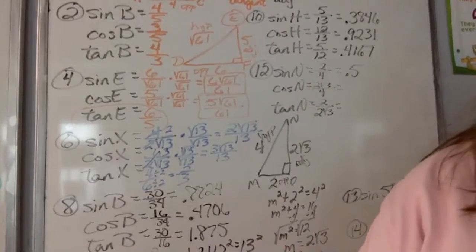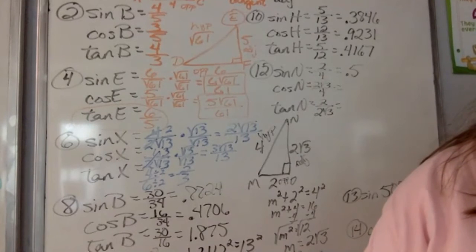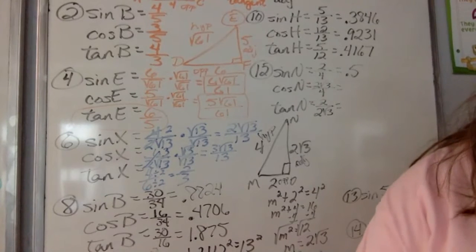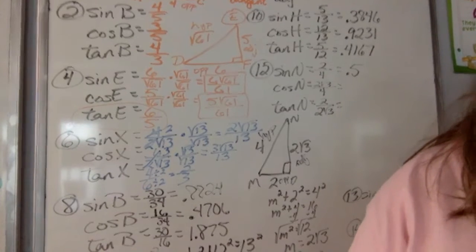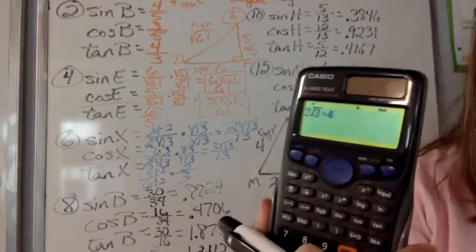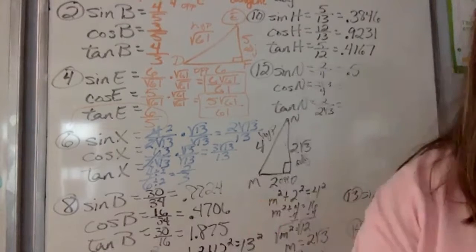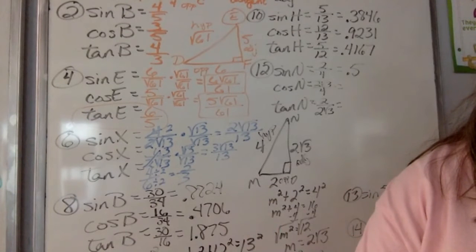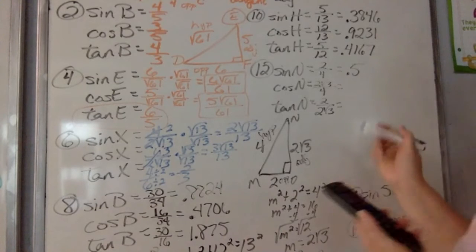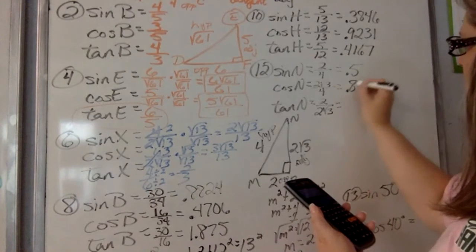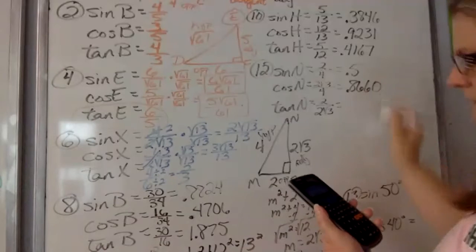Now your next one, you've got 2 square root of 3. And if you've got a scientific calculator, you can type it in exactly like that. Divided by the 4. See? 2 square root of 3 divided by 4. You hit equal. It gives you a reduced fraction. Then hit the little SD. You get 0.8660.